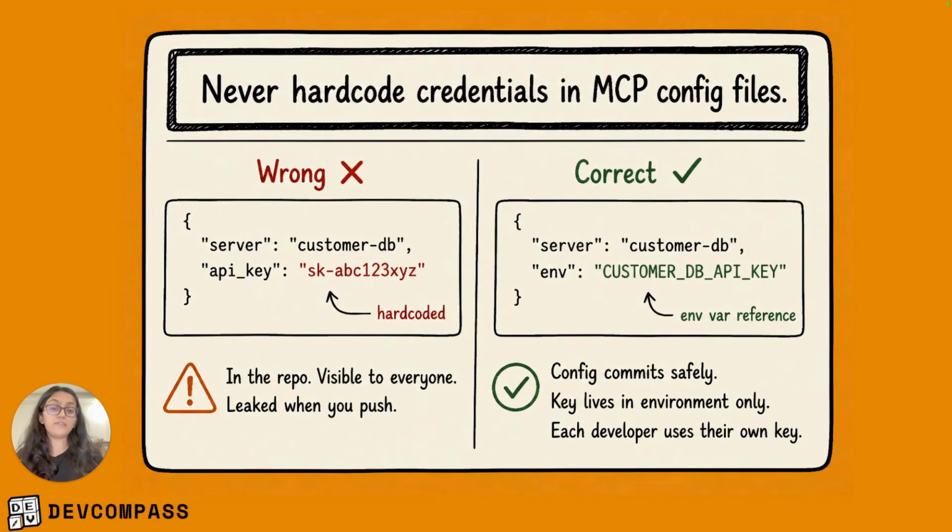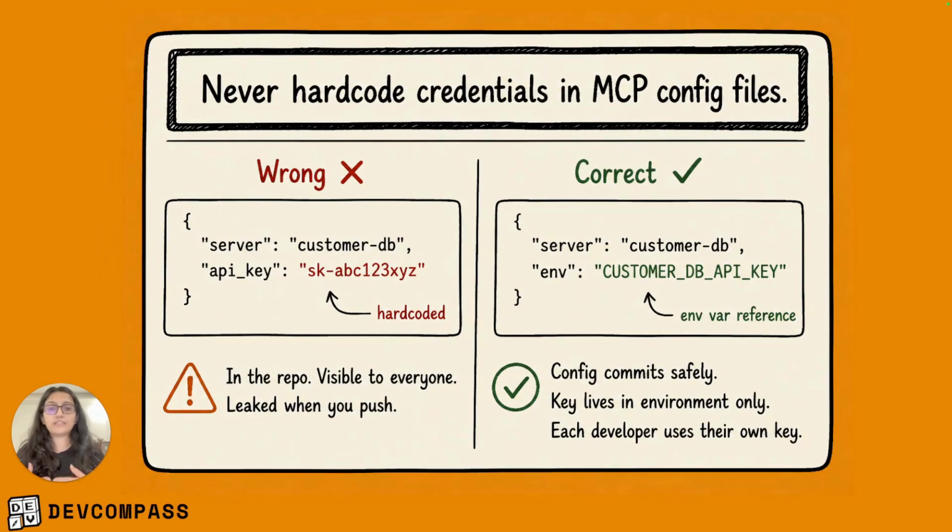That means every person who has access to the repo, and potentially anyone with access to your version control history, can see that key. When you rotate the key, you have to edit the file and commit the change. If you forgot to rotate it after someone leaves the team, the key is still in the Git history even if you delete it from the current file.